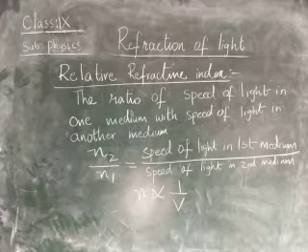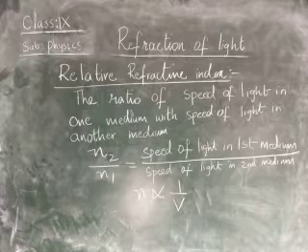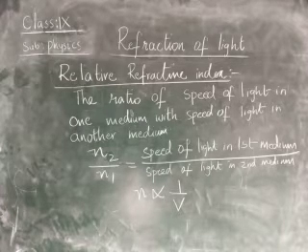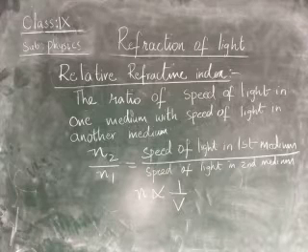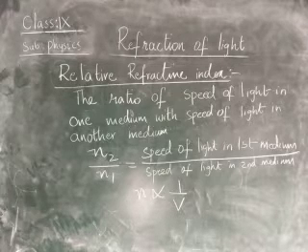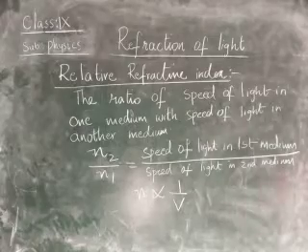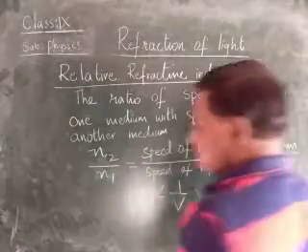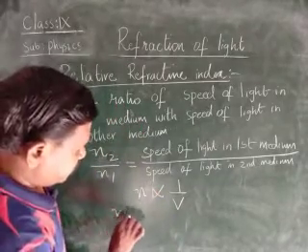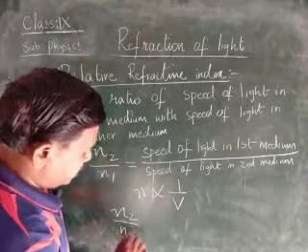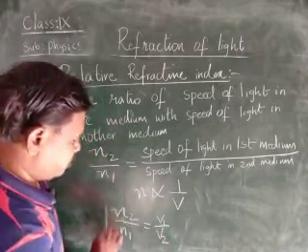If the refractive index decreases, the velocity increases. Due to that reason, we write n is proportional to 1 by v. Therefore, we write n2 by n1 is equal to v1 by v2.